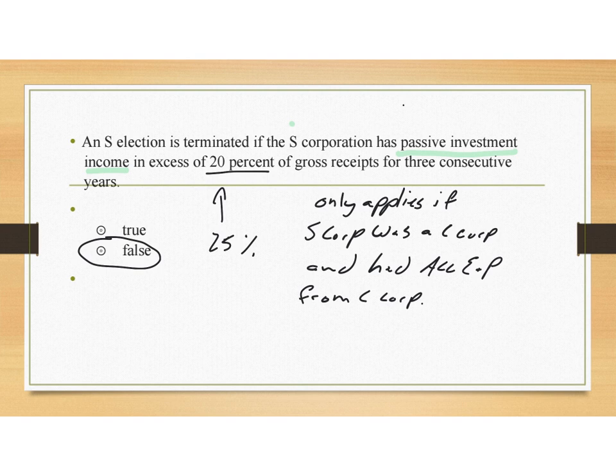If the passive investment income exceeds 25% of gross receipts, like it says in this question, for 3 years, then you have to pay an excess net passive income tax. So what is included in this excess net passive income?